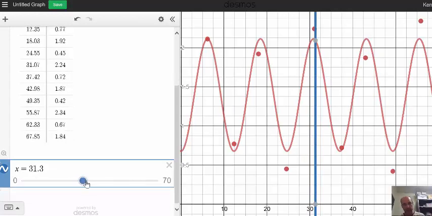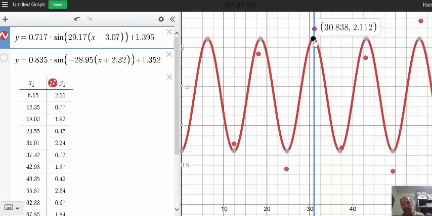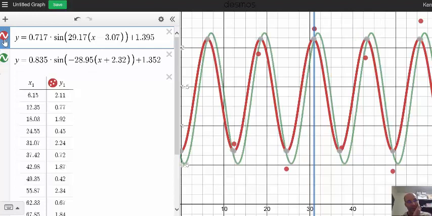And with slider bars, you can fine tune it to make it go up in smaller steps. If you want to make it go up in hundredths, you do that, and you can try and get the intersection points there. So it's about 31 there, and there's a slight difference in the readings.